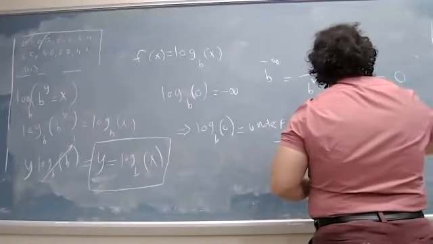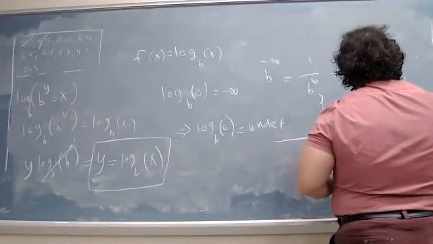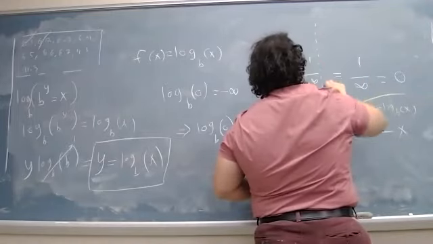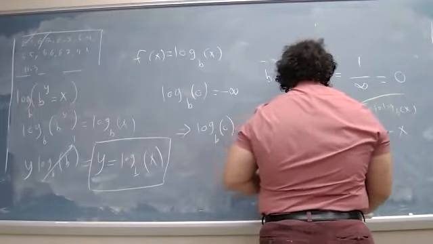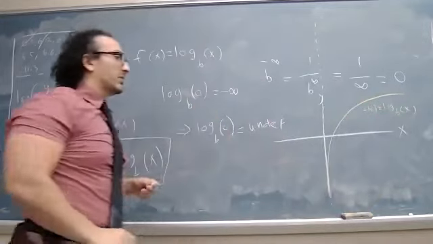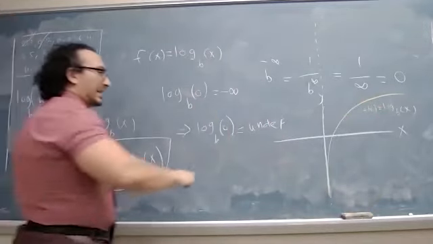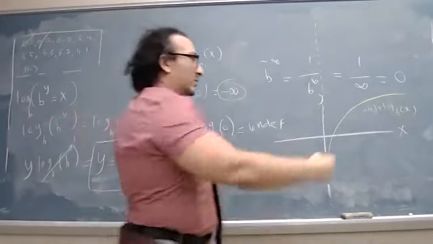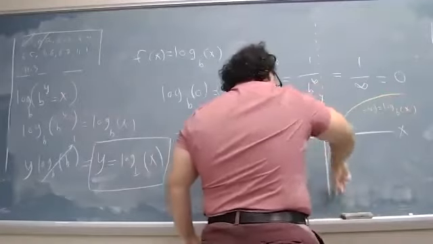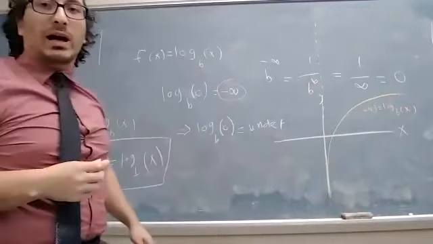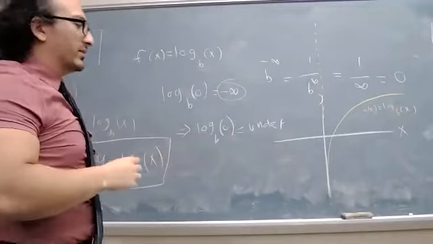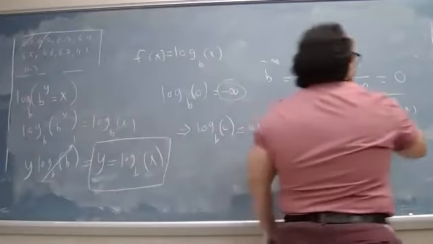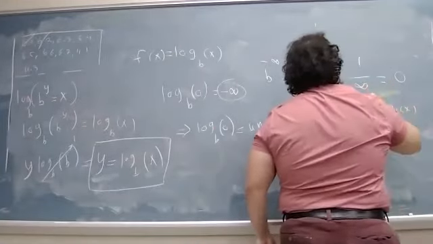This is f of x is equal to log base b of x, where there's a vertical asymptote right where the y-axis is. Why is that? Well, the function can never be evaluated at 0, because at 0, it's outputting a negative infinity. And that's why as you approach 0 from the right, the function is dipping towards arbitrarily low values, all the way down towards negative infinity. Furthermore, as you increase in value, the function is actually going towards positive infinity.